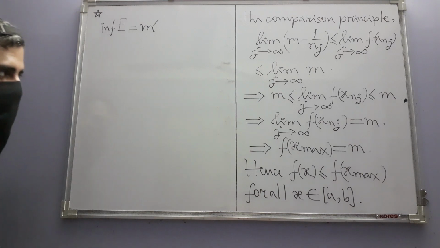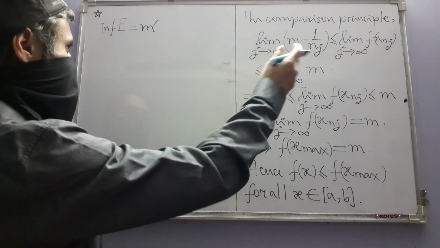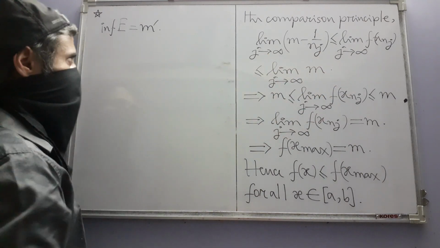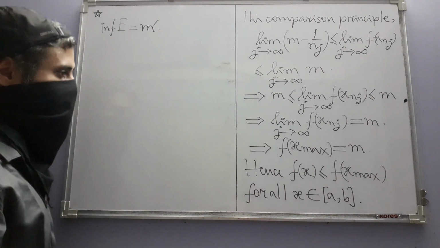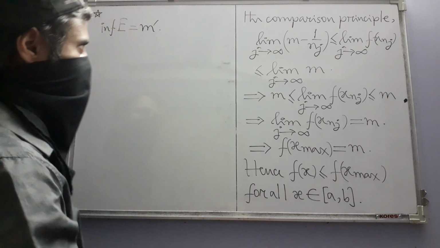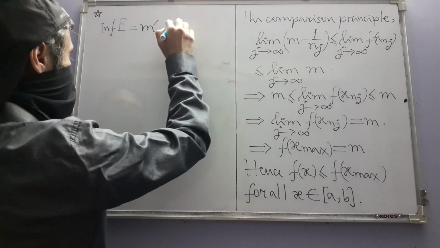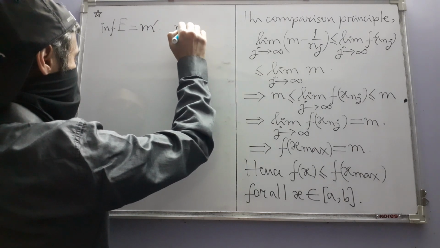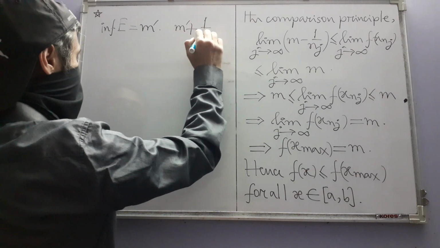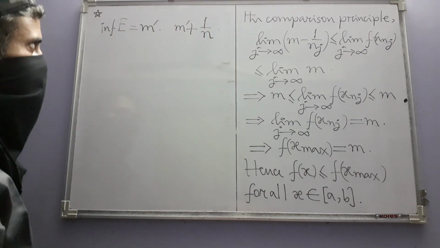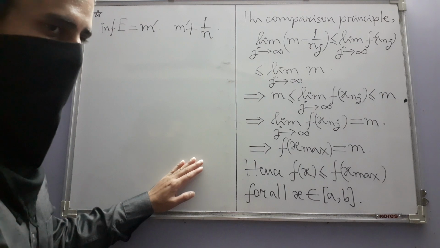is m prime. You see, just like the supremum is the least upper bound, the infimum is the greatest lower bound. So to create that sequence, you have to consider for every positive integer n, m prime plus 1 over n.